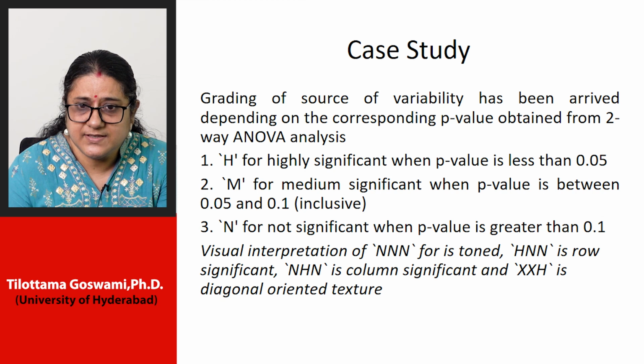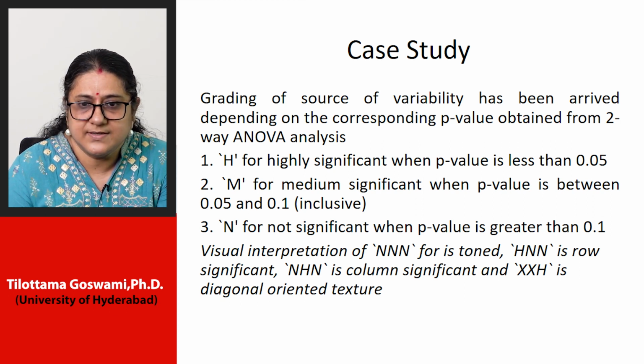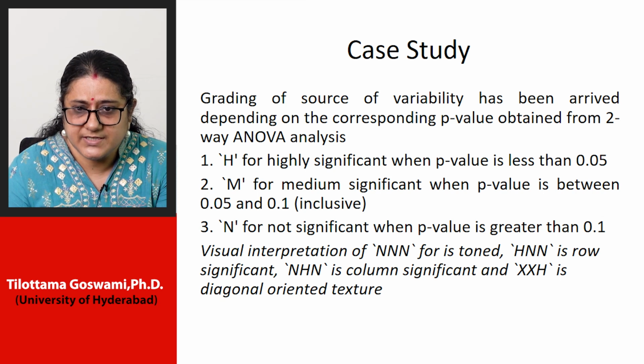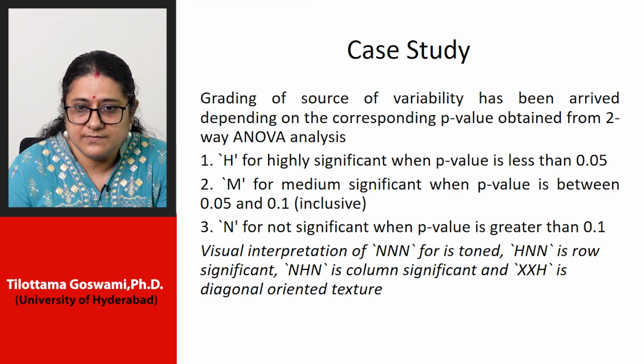H is highly significant where p is less than 0.05, M is medium significant where p is 0.05 to 0.1, and N is not significant where the p-value is greater than 0.1. This has been used in one research area where the visual interpretation of texture has been characterized using analysis of variance, by categorizing it into tonal, row significant and column significant, or diagonally oriented texture.